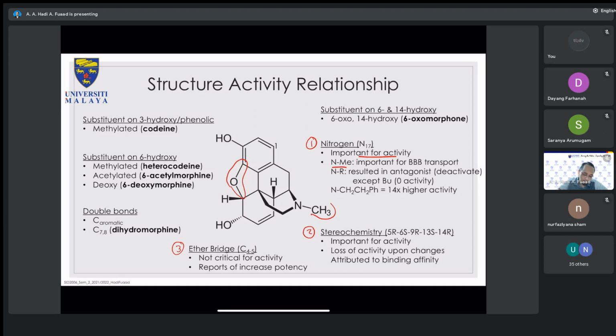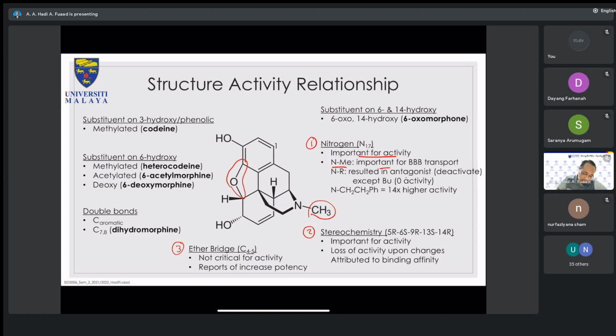The methylation itself is important for blood-brain barrier transport, meaning that if you change it to a longer alkyl, you increase it because you make it less polar. Less polar, as we've seen previously, means increased bioavailability, and it crosses the blood-brain barrier more easily.